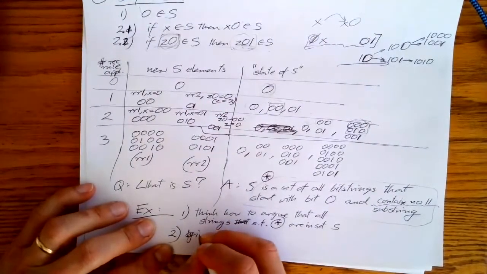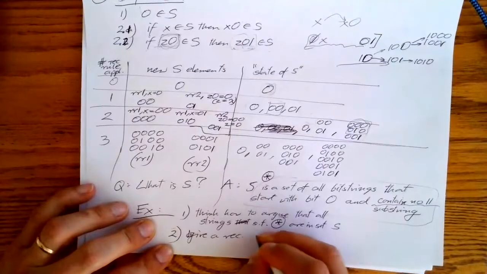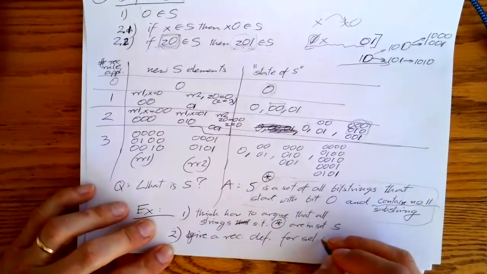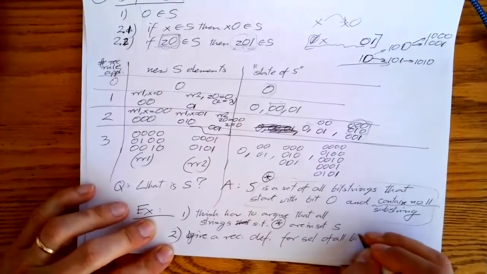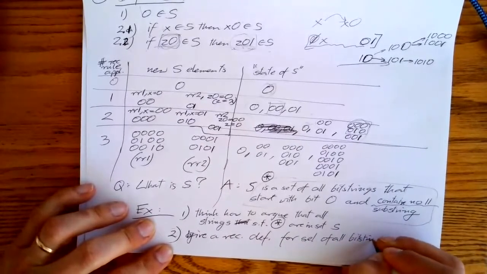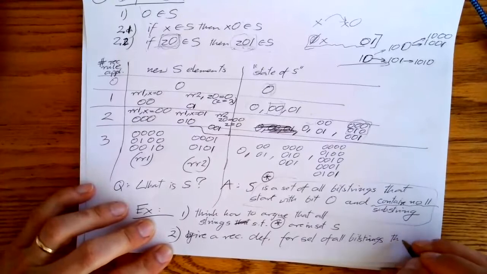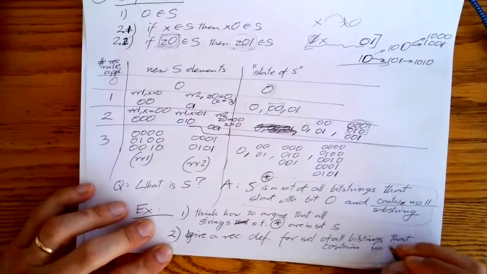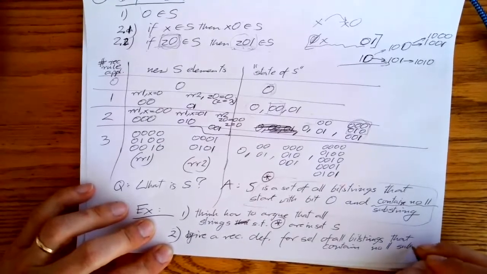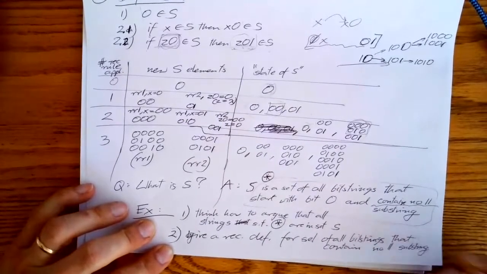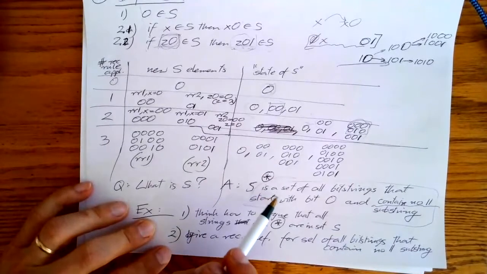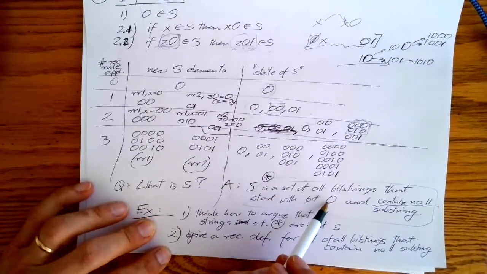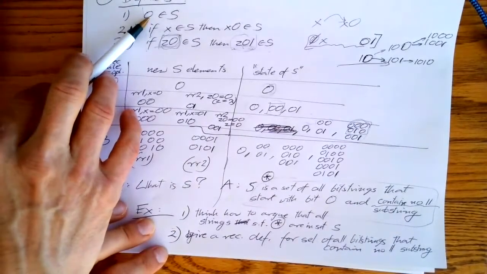Give a recursive definition for the set of all bit strings that contain no 1, 1 substring. This one is not that, it's all those, but with the constraint that they have to start with a 0, and that's because we started with a 0.